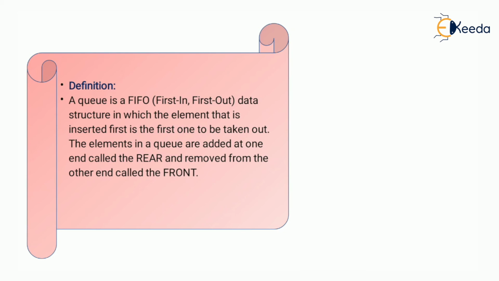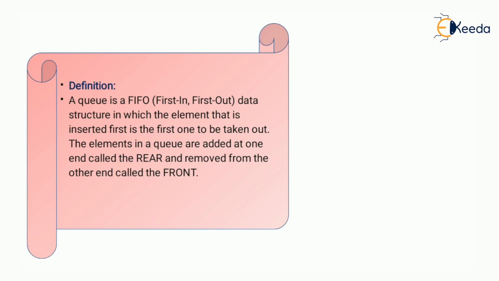To explain this, we take the same example of a bank: you are standing in a queue, and as your work is complete, you are taken out from that queue from the front end, and a new person comes to the queue from the rear end.